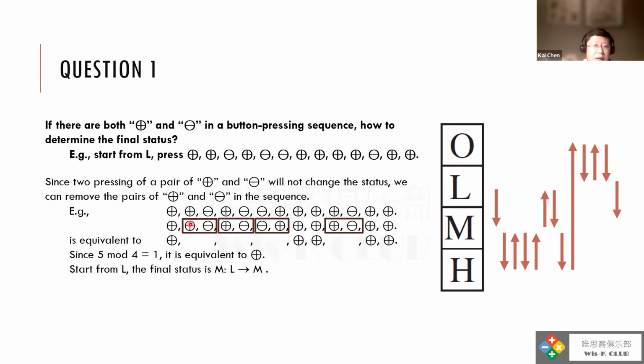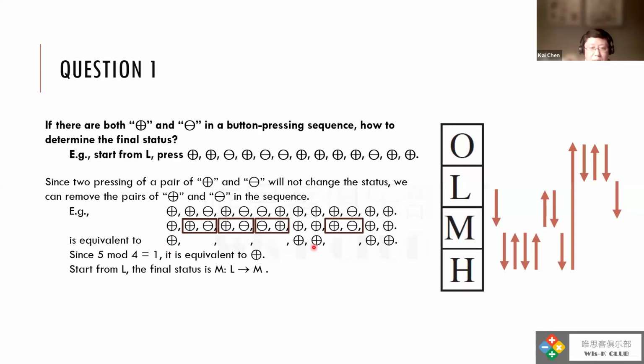So you can just pair the plus, minus, or minus, plus, where the order is not important. You pair them and cancel these pairs, because they won't have an impact on your status or your position.